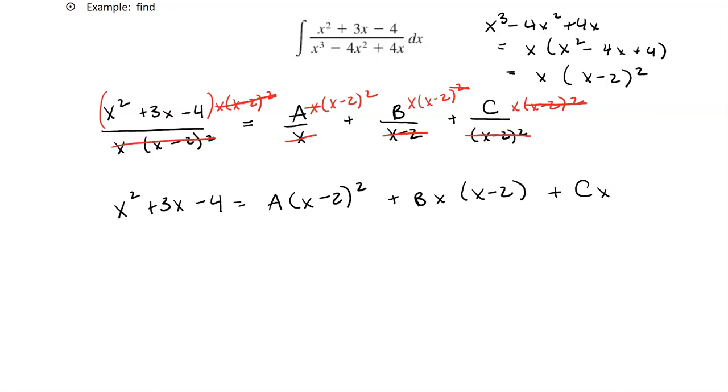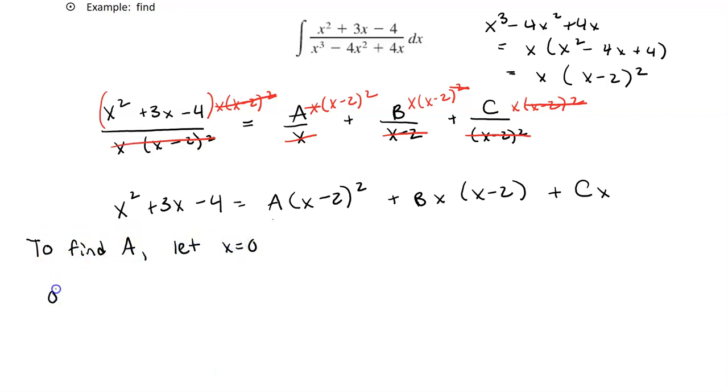Now, use whatever strategy comes to you first. I notice that if I were to let x equal 0, that would get rid of both the b and the c, but it would leave the a alone. So to find a, we'll let x equal 0.